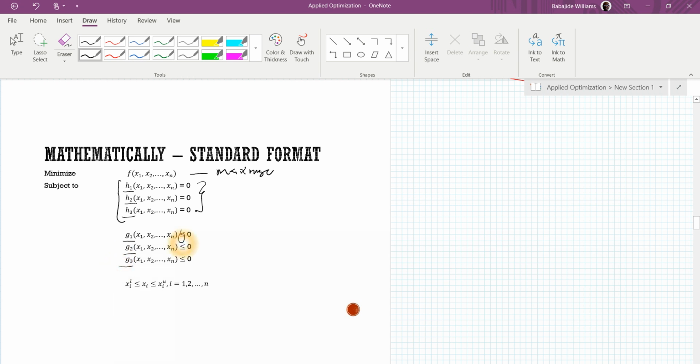These are inequality constraints. In real life, for most questions, those variables x1, x2, x3 are usually greater than 0.